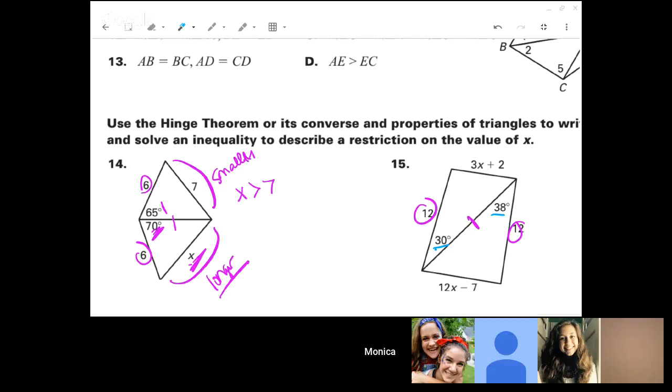The side that has 3x plus 2 or the side that has 12x minus 7? Yeah, the side with the 12x is going to be the longer side because it's across from the largest angle. So when you set up that inequality, you're going to put that side is greater than the other side. And then you're going to solve for x just like a normal equation.